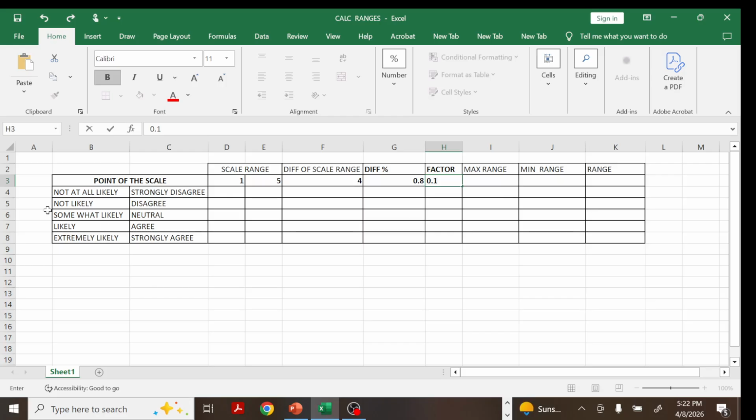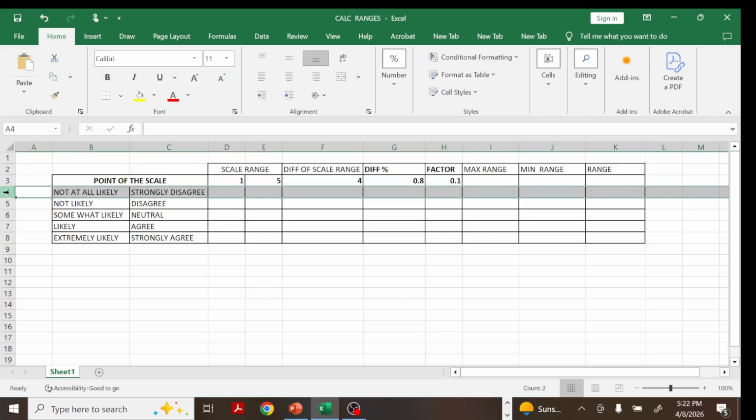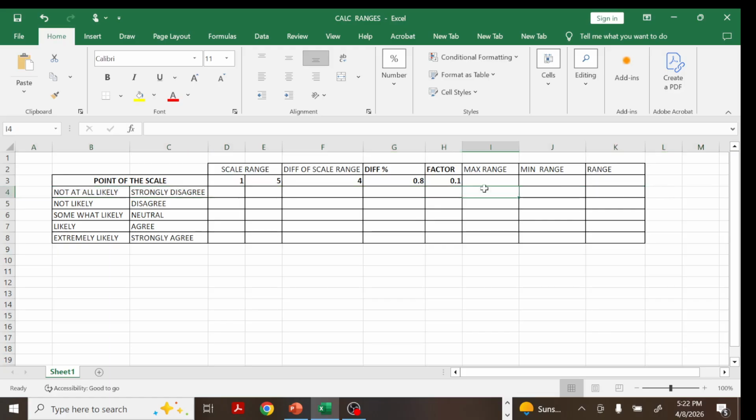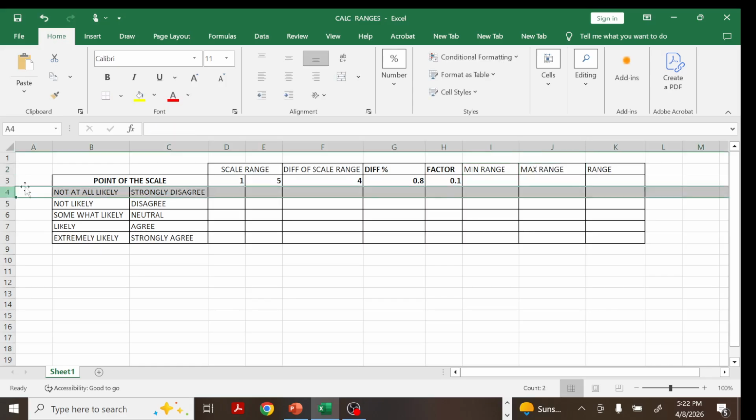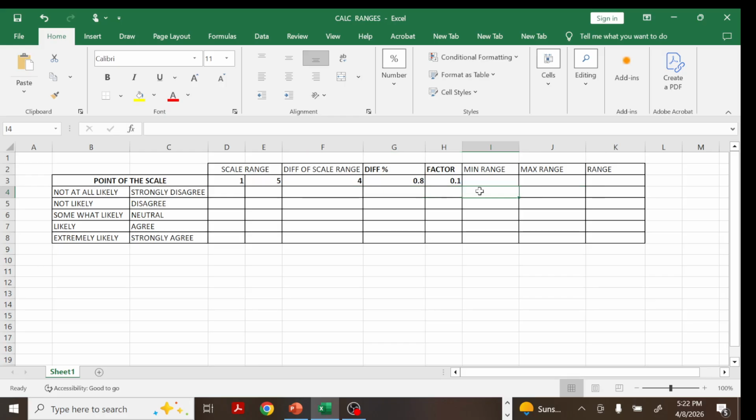For the first point, which is not at all likely or strongly disagree, we're going to calculate the minimum and the maximum range. So this one is the minimum, and this one here is the maximum range.